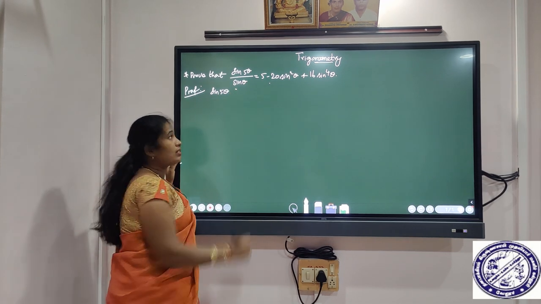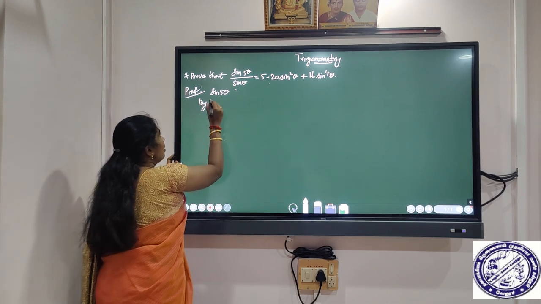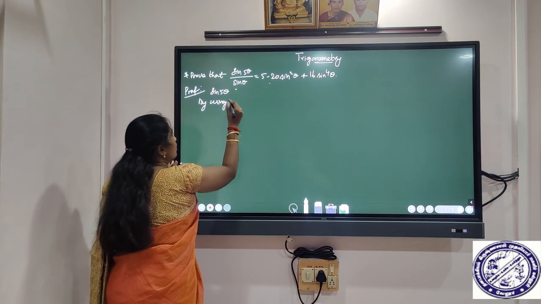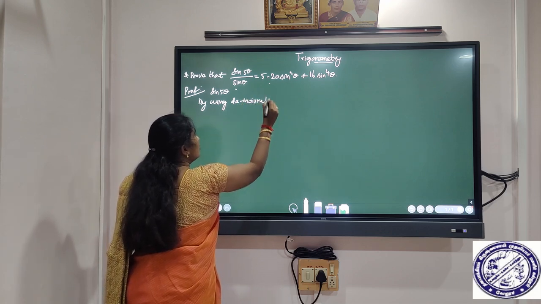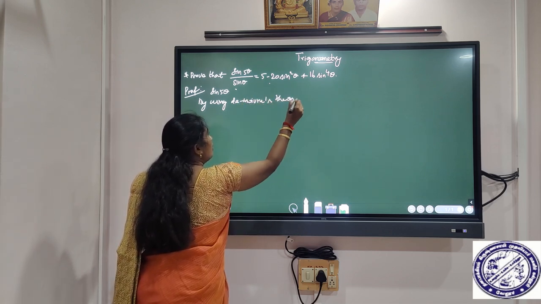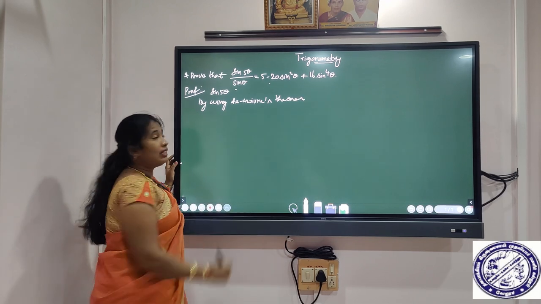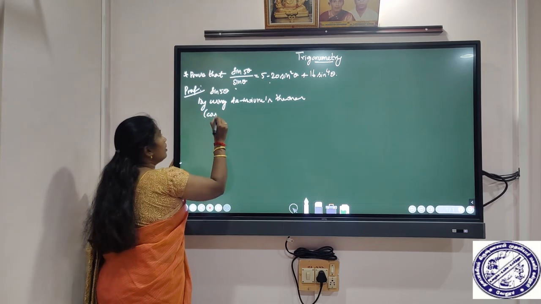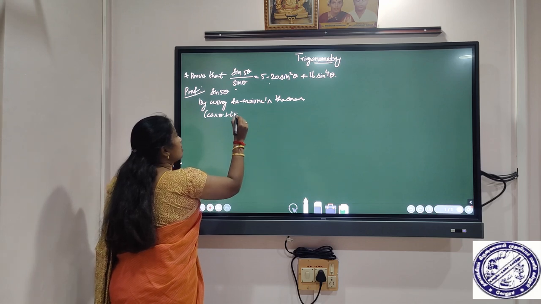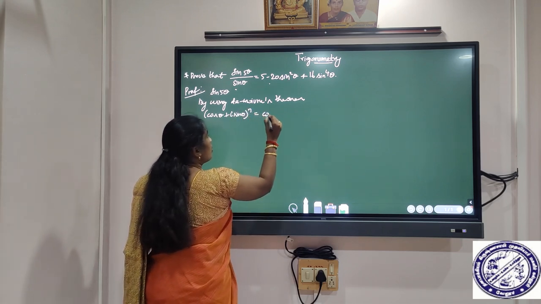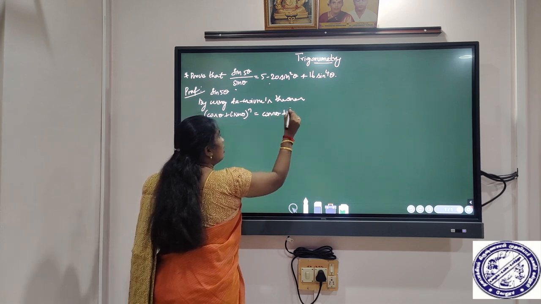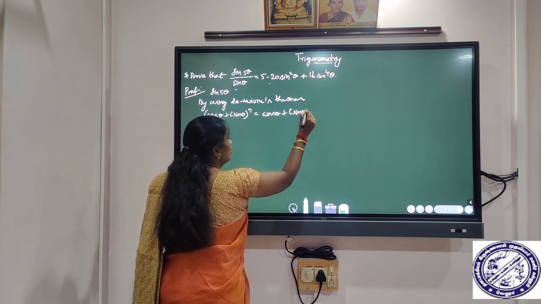The first step is by using De Moivre's theorem. De Moivre's theorem is (cos theta plus i sin theta) the whole power n is equal to cos n theta plus i sin n theta.